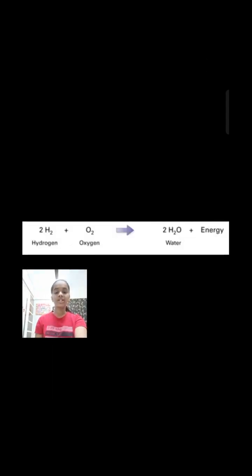Now we will see reaction with oxygen. Hydrogen burns in the air with a pale blue flame, reacting with oxygen present in the air to form steam, which condenses to form water. Hydrogen reacts with oxygen to form water. 2H2 + O2 gives 2H2O.